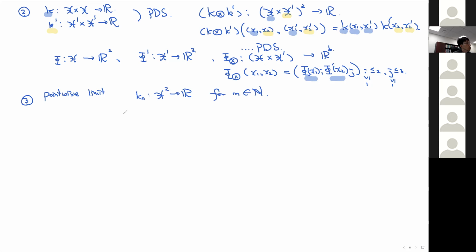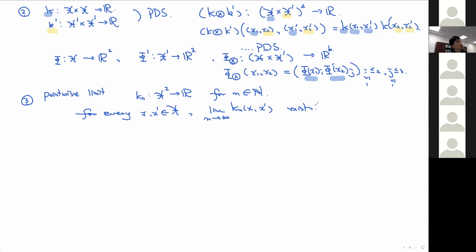And then suppose that for every x and x prime, assume that the limit of Kn(x, x prime) as n goes to infinity exists.